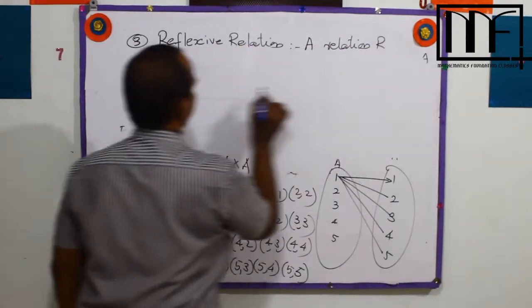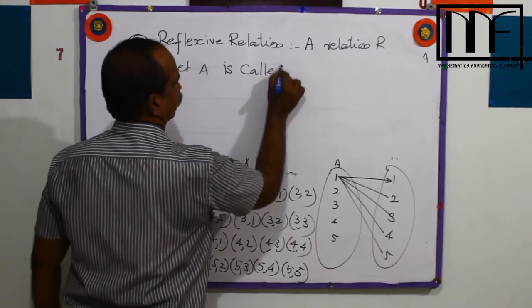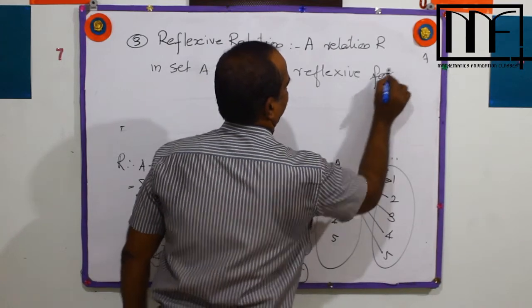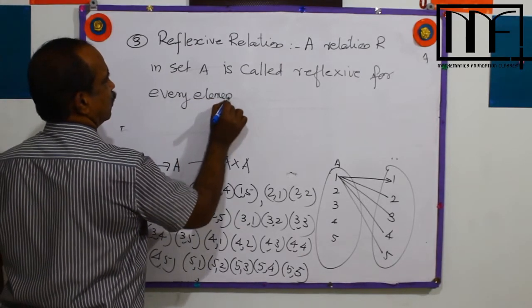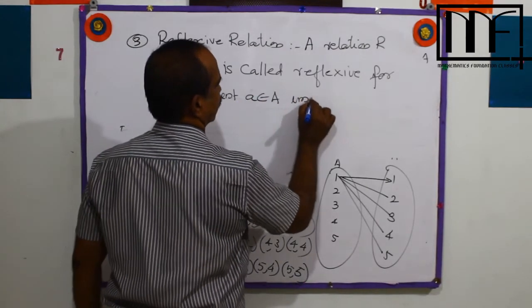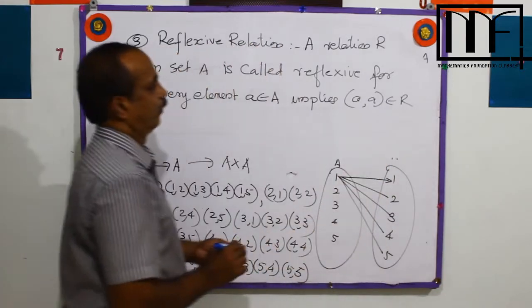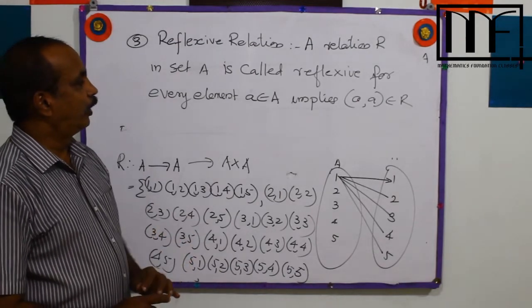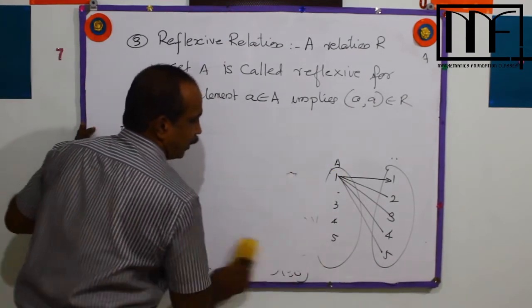A relation R in set A is called reflexive if for every element a belongs to A implies (a, a) belongs to R.